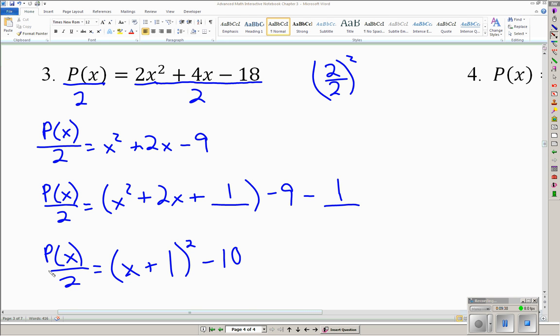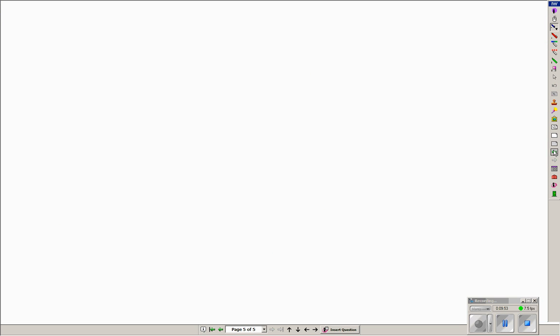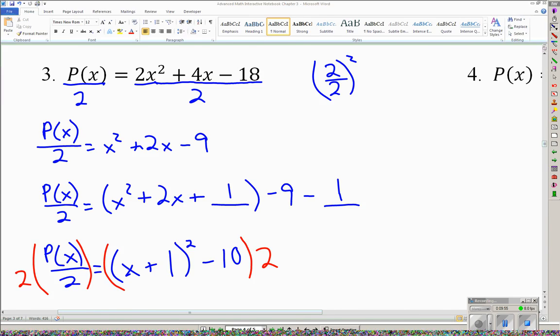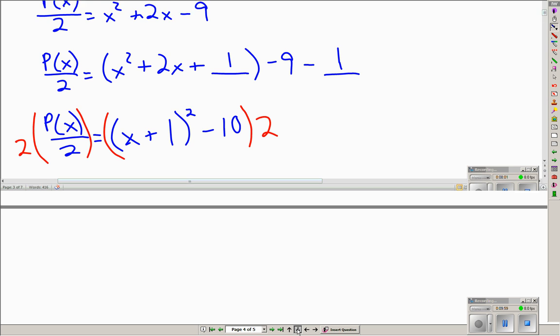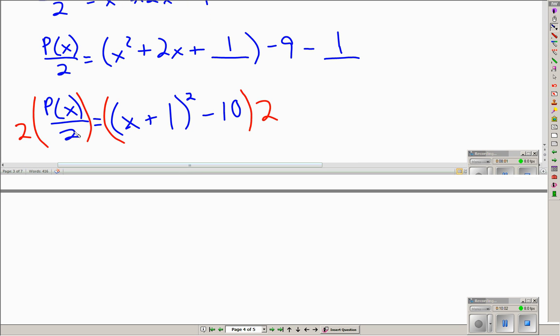Now since a was 2, we need to finish up and multiply both sides by the 2. It's easy to make a mistake here. Just watch how it happens. So 2 times p of x over 2 is just p of x. And then distribute.